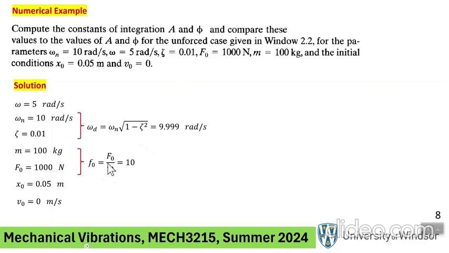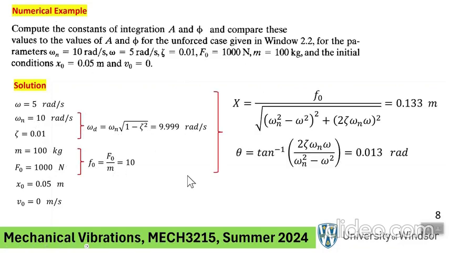So 1,000 over 100, that's 10. Go to the formula for big X and theta. Because notice that big X pops up when we try to find A and phi. So big X is equal to, just plug in this stuff in there, 0.133. And theta, just plug in there, you get 0.013 radian.